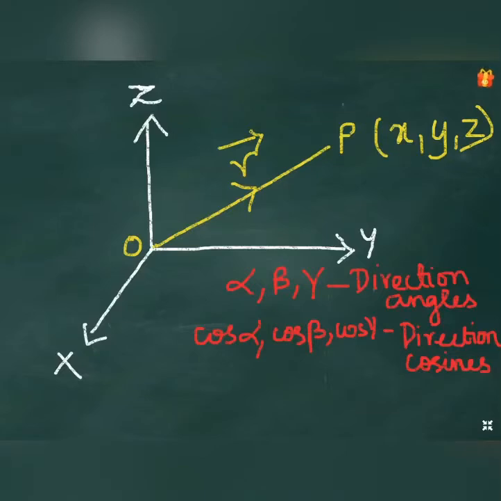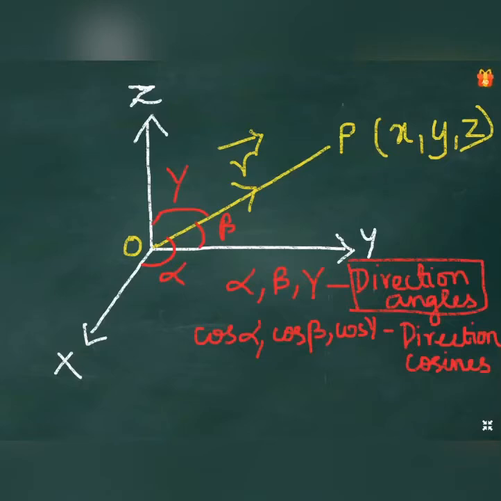Now consider that this position vector OP makes angle alpha with the positive direction of x-axis, beta with the positive direction of y-axis, and gamma with the positive direction of z-axis. These angles alpha, beta, gamma are called direction angles.